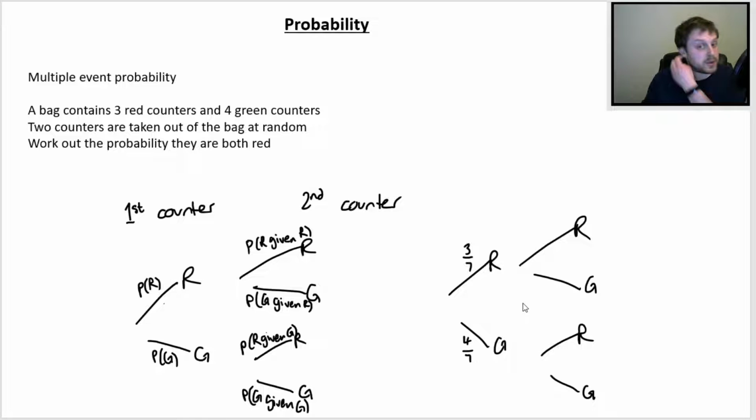But now there's a counter out of the bag, right? So this probability here is actually a conditional probability, because we know that there's a red counter that's now gone out of the bag, which means there are only 2 reds left, and there are only 6 counters left.